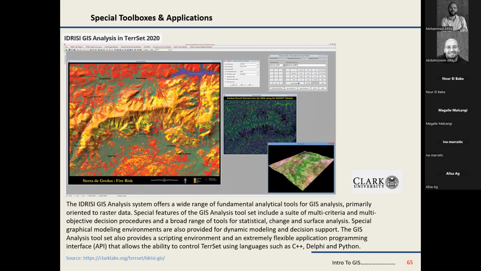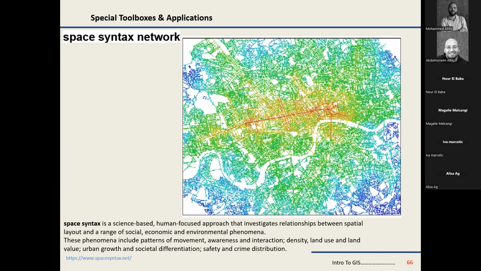Another special tool is Space Syntax. Space Syntax is a special program that deals with the connectivity of linear elements in the urban environment, and how you use that to evaluate the connectivity of different urban spaces.